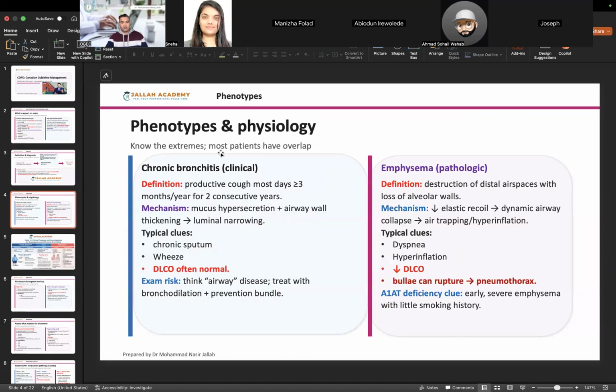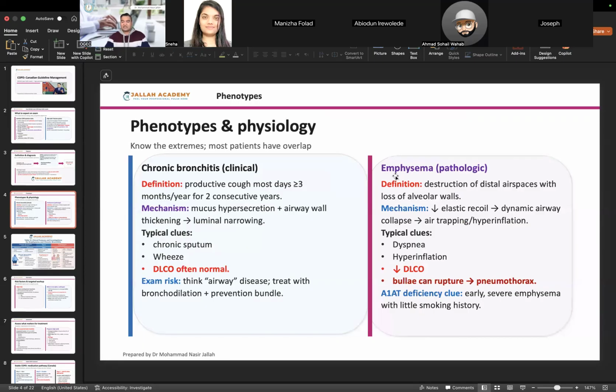Phenotype and physiology. So basically, these two, chronic bronchitis and emphysema, can overlap. Sometimes both of them could be positive at the same time. And in terms of definition, chronic bronchitis is productive cough most days for more than 3 months per year for 2 consecutive years.